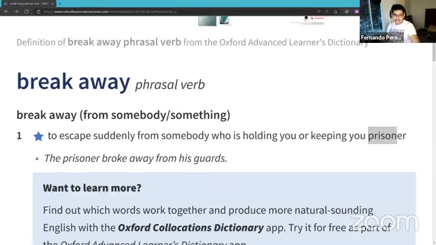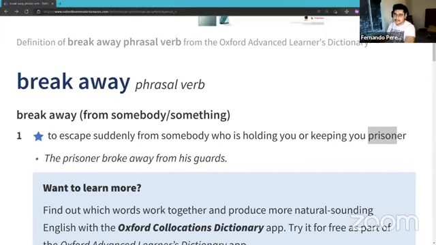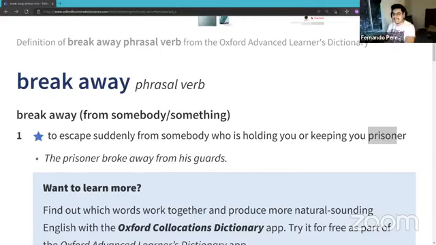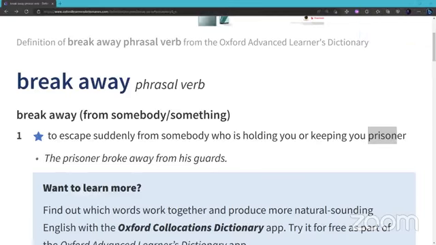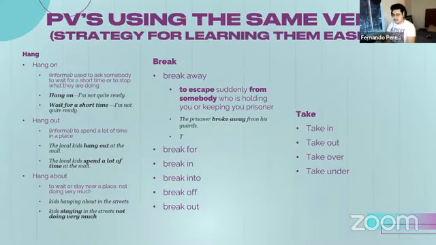Who is the somebody in this case? In which case? In the example. The guards. The guards. That's correct. So then, how would you substitute the word break away? Okay, the prison. In the example.